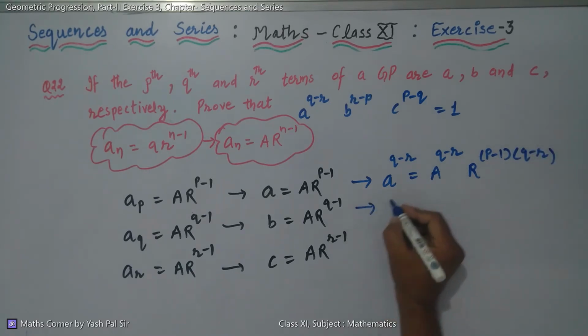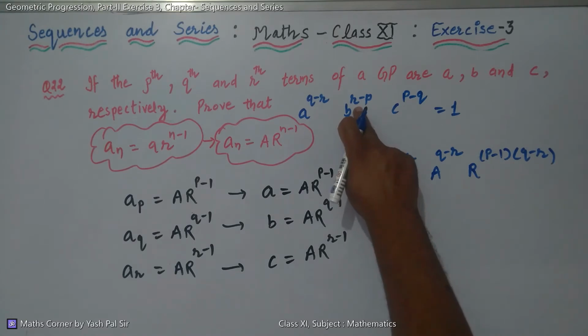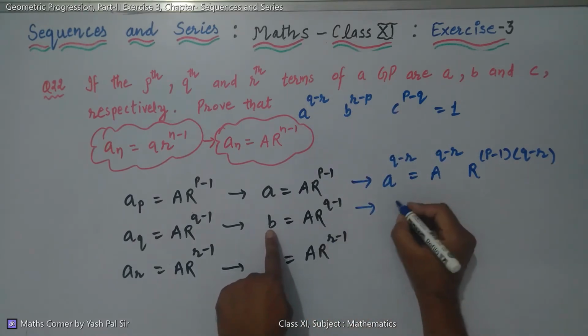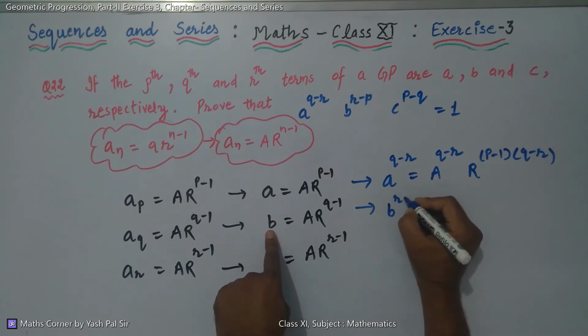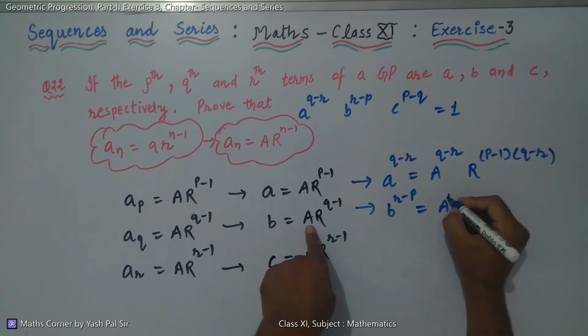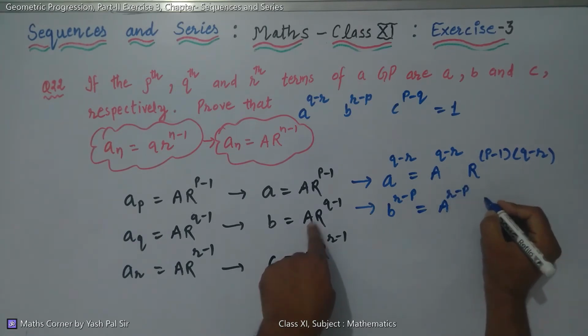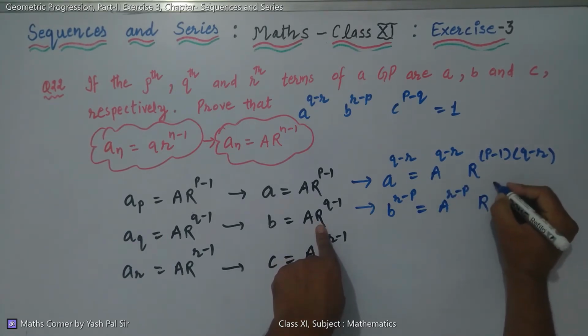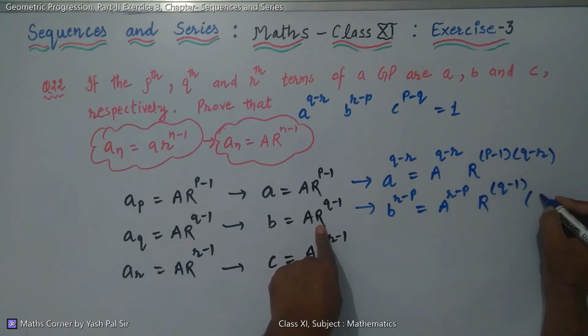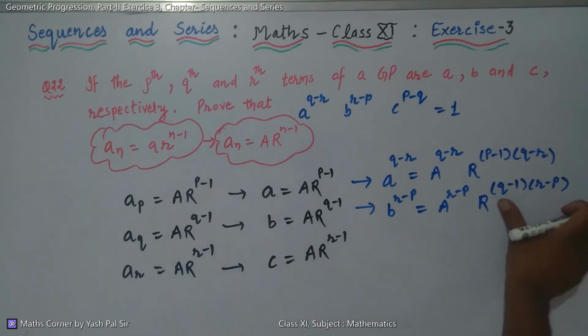Raising both sides to power r minus p, b raised to power r minus p is equal to A raised to power r minus p into R raised to power (q minus 1) into (r minus p), where the powers are multiplied.